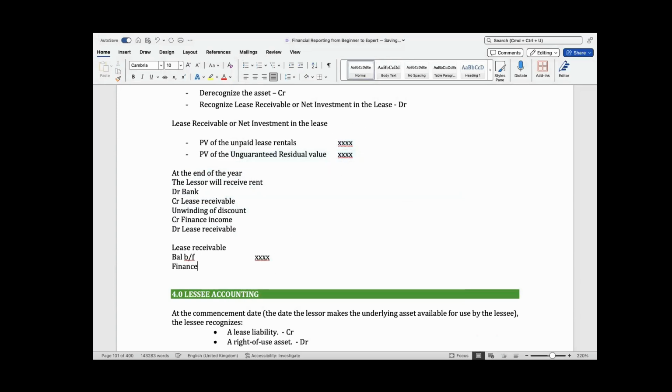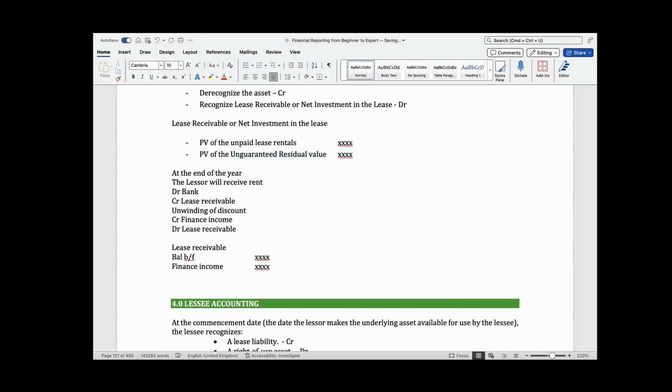Then the finance income will be added. Then the lease rentals. The addition of these three will give you the balance carried forward to next year.